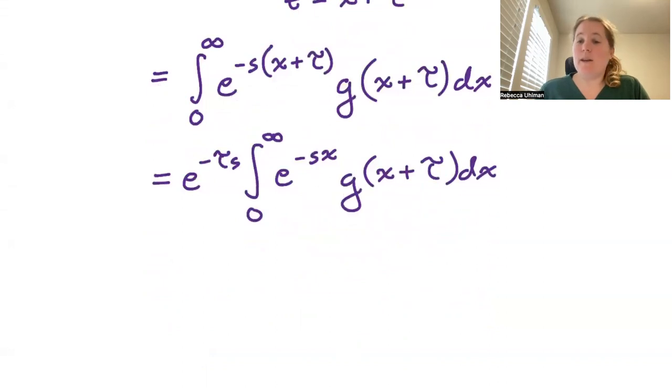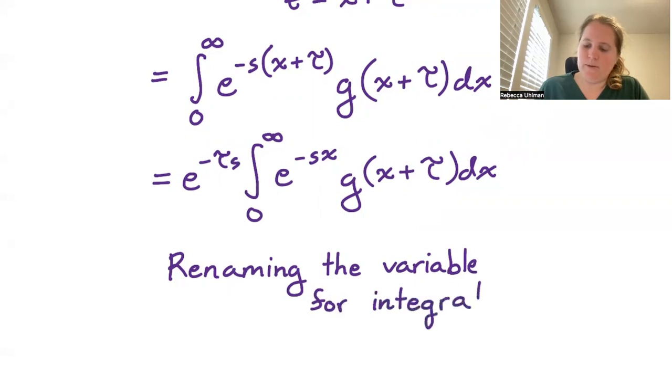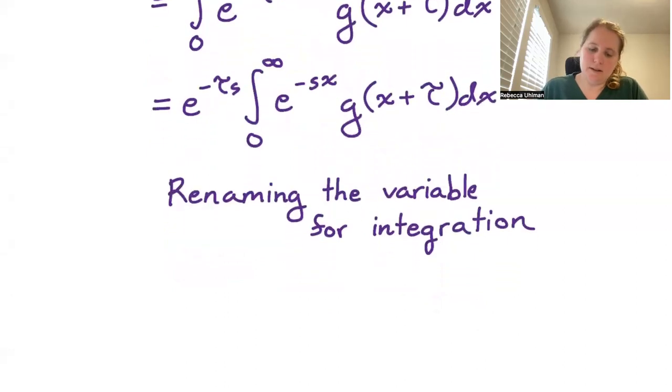Now let's go ahead and rename our x back to t. So renaming our variable of integration. We can rename variables however we like. So I'm just going to relabel the x with a t instead.